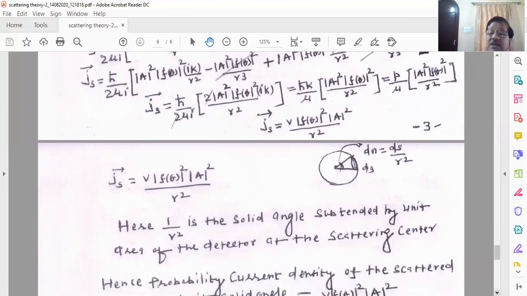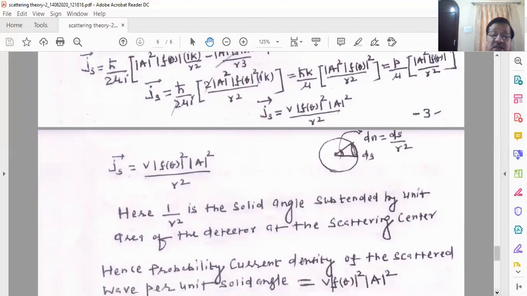Here we have considered our potential to be spherically symmetric. If the potential is not spherically symmetric, then you have to take dS cos theta over r square. But here we have a special case, we consider dS over r square. So dS is basically the area of the detector, right? If the area is unit, then it is 1 upon r square.